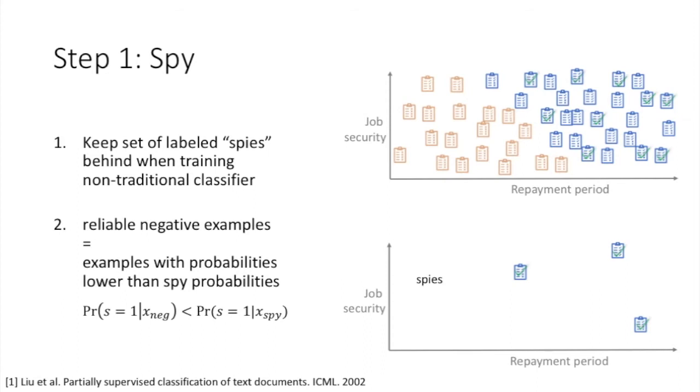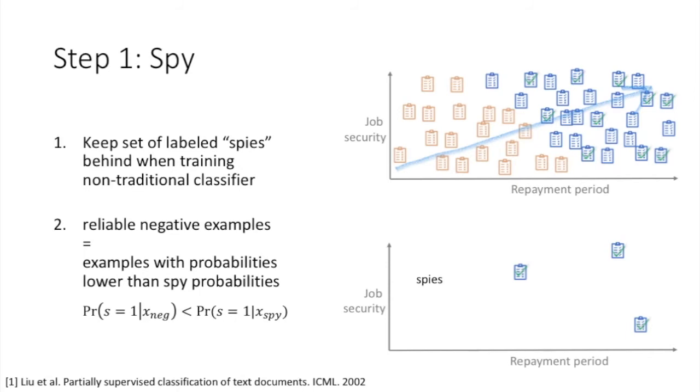Let's now look at another way for setting this threshold for the non-traditional classifier. This is called the SPY method. The reason is because next to our usual PU dataset, we keep part of the labeled examples separately, and these are called the spies. So when we train our non-traditional classifier, we will not be using these three labeled examples.